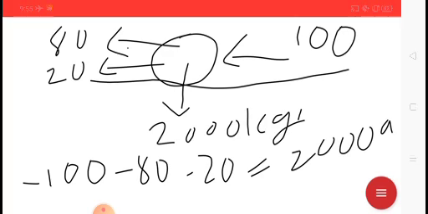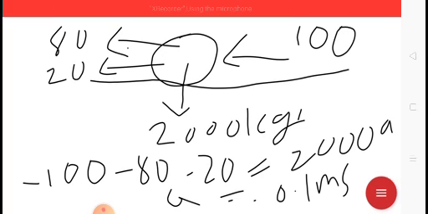To solve it, you will get A equal to negative 0.1. So this is a deceleration for the system. Once you've done this, then you can proceed to find the T.